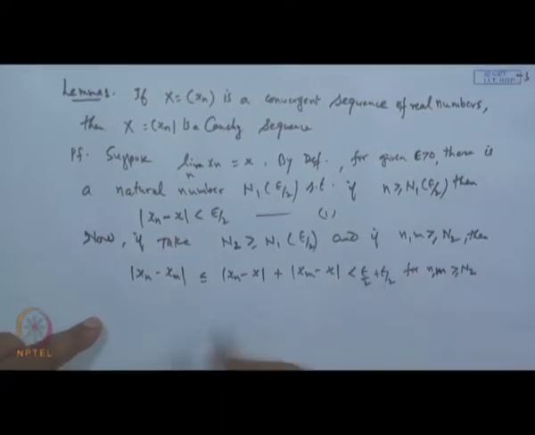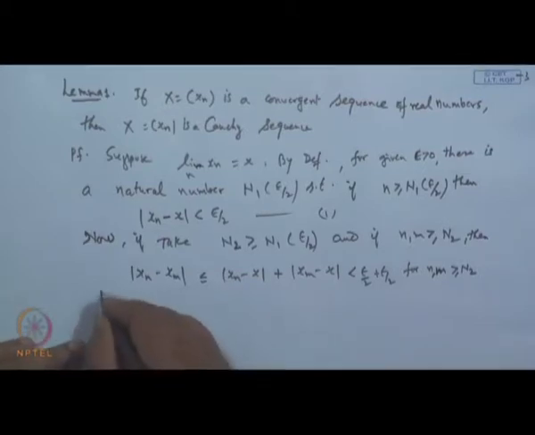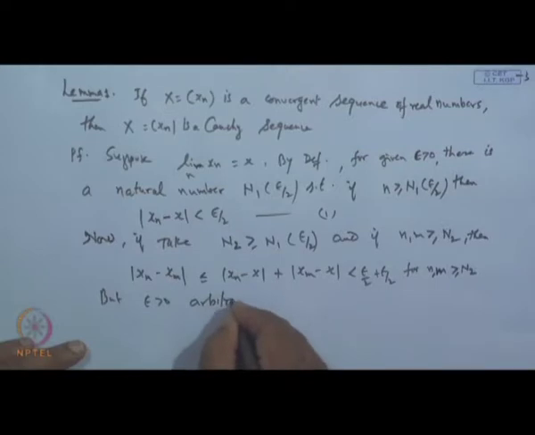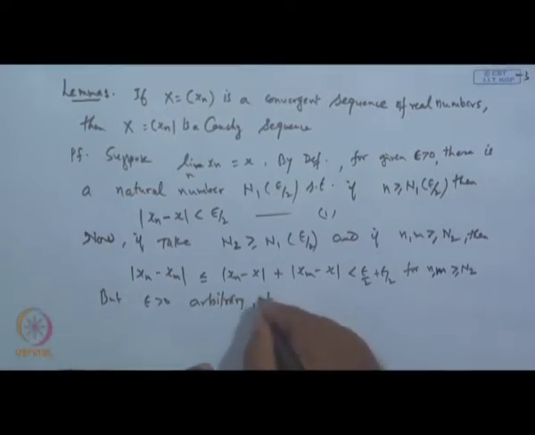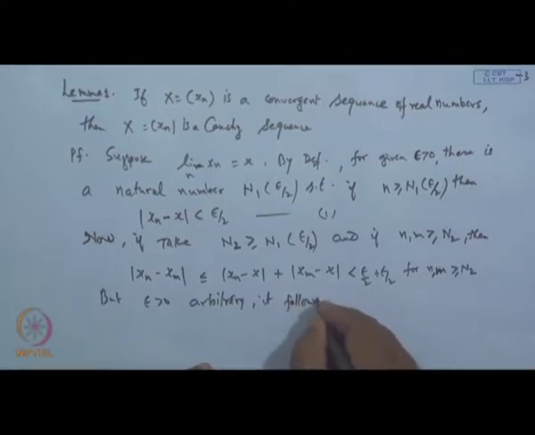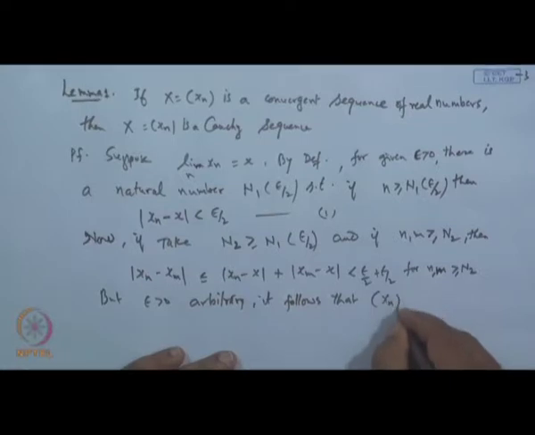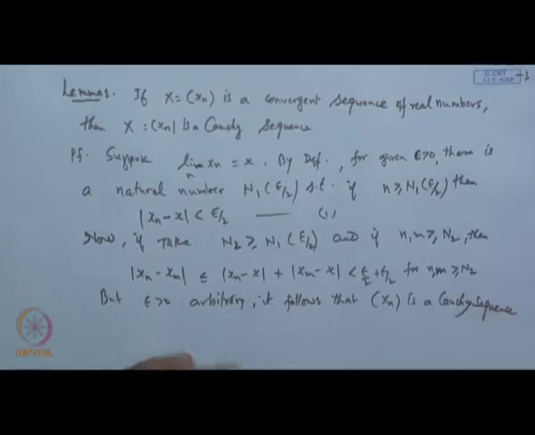But epsilon is arbitrary, any number we can choose. Therefore, it follows that the sequence x n is a Cauchy sequence. So, that is what we wanted to prove.